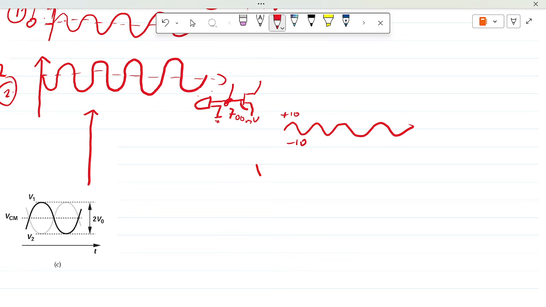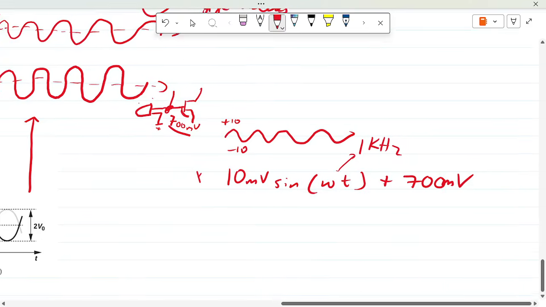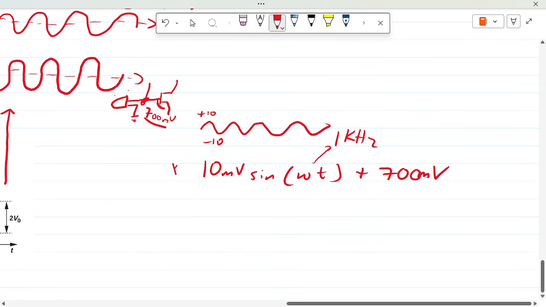The signal is now going to look like 10 millivolt sine omega t, and the frequency can be maybe somewhere around 1 kilohertz, with a 700 millivolt DC offset. So for the two signals to be considered sinusoids.